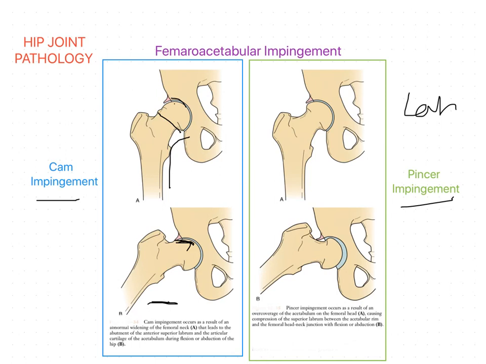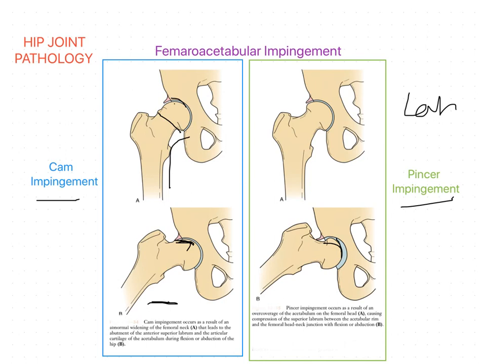Patients presenting with pincer type impingement may demonstrate greater coverage or overhang, over coverage of the acetabulum on the femoral head, due to excessive retroversion of the acetabulum and a deeper acetabular fossa, normally called coxa profunda.